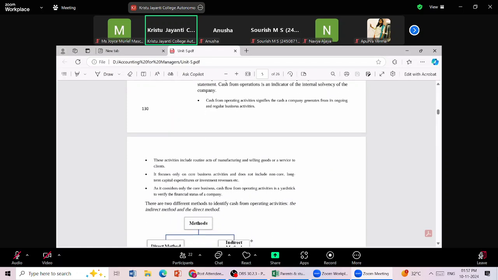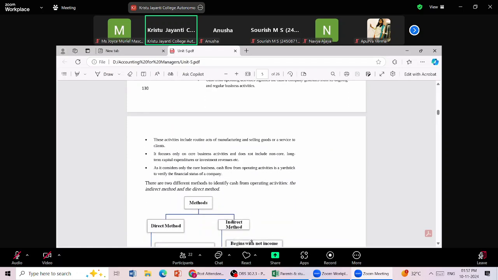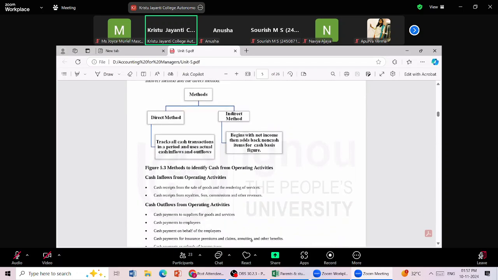As we discussed, in the operating activity, all your operational transactions, non-operating items, all your manufacturing, selling, all these items can be added. Here there are two methods, direct and indirect. Previously we saw the indirect method.